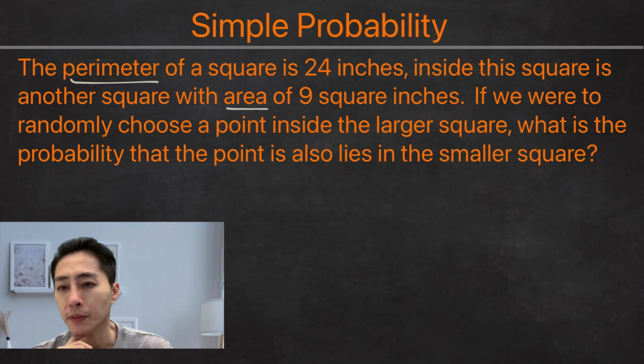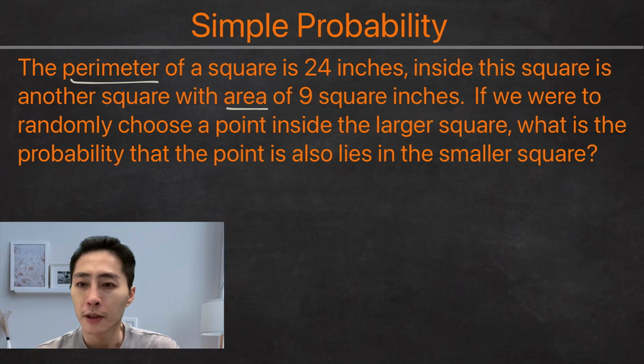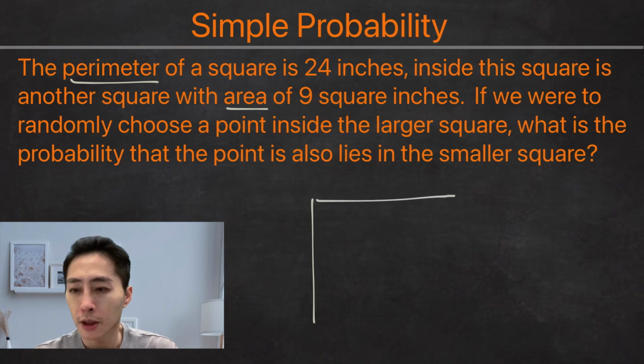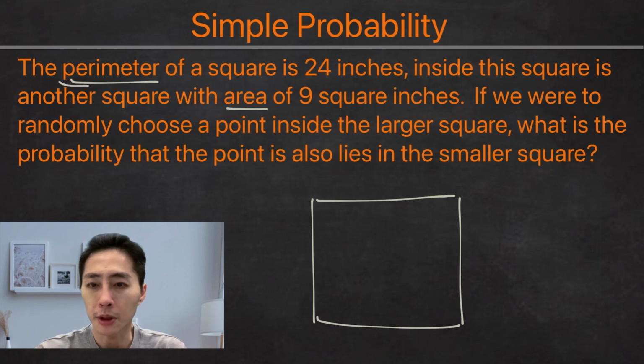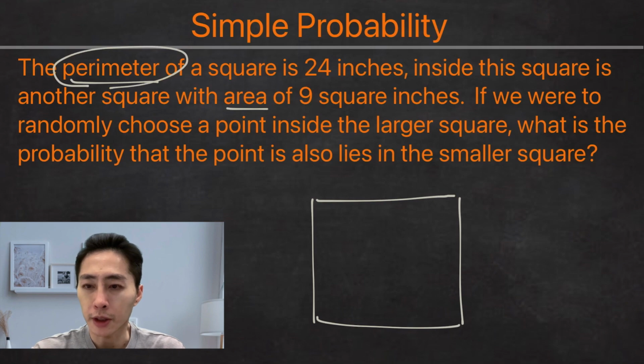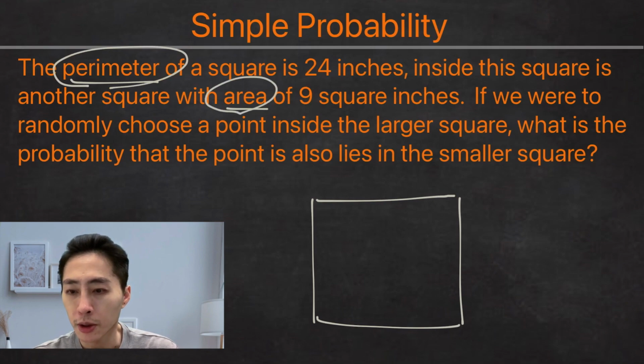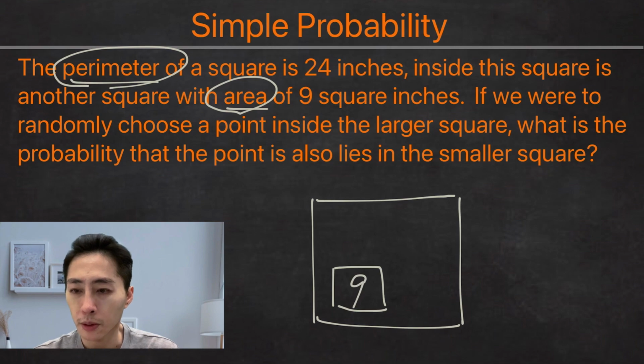The first thing that we want to do is calculate and find out the area of the larger square, because now we have the perimeter, but we don't have the area of the larger square, but we do have the area of the smaller square. So we know that the smaller square is in here, and that's 9 square inches, but we don't know what the larger square is.